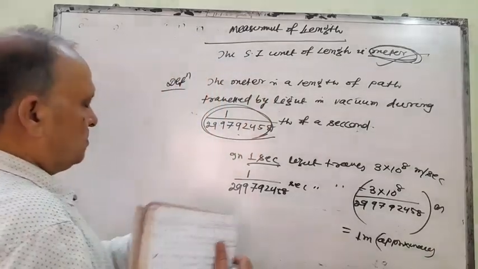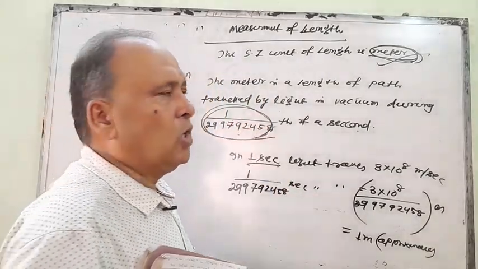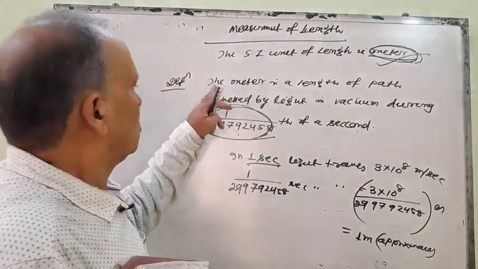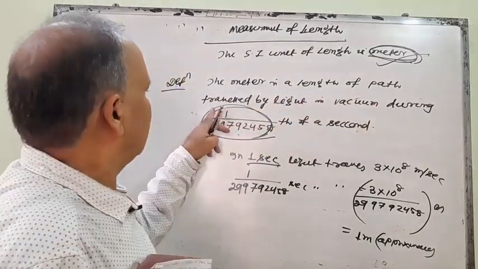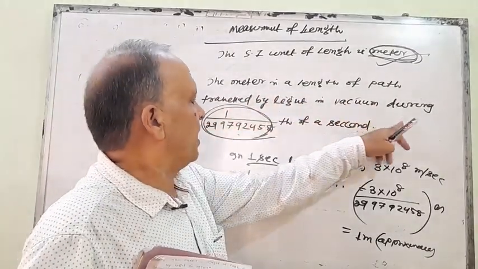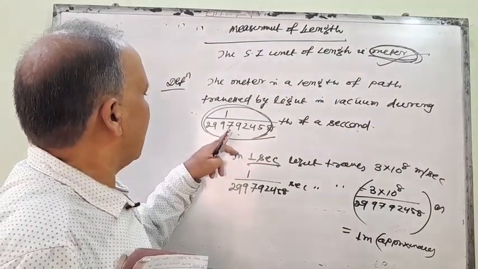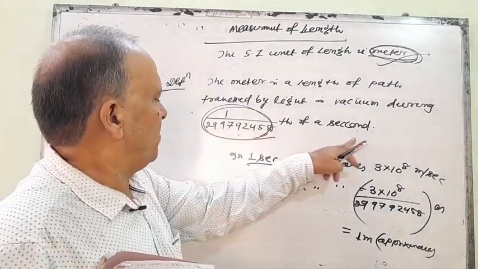This is the definition of 1 meter. Remember, you don't say 1 meter is equal to 100 centimeter like this. So the meter is a length of a path traveled by light in vacuum during 1 by 299,792,458 of a second.